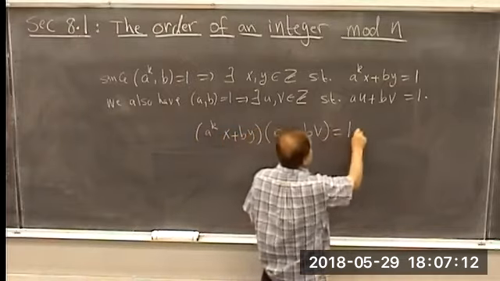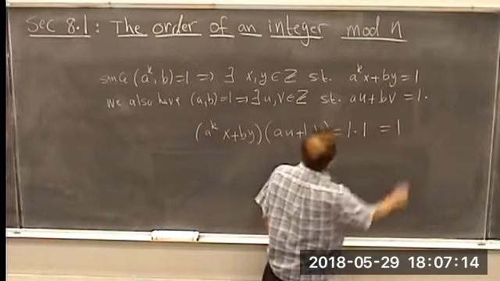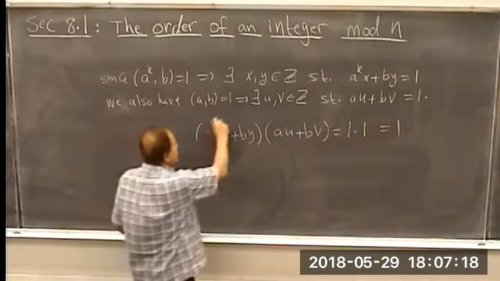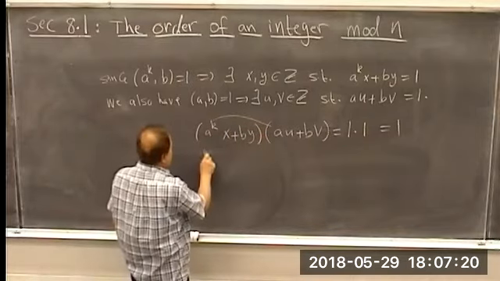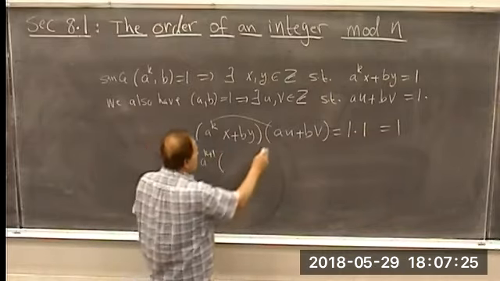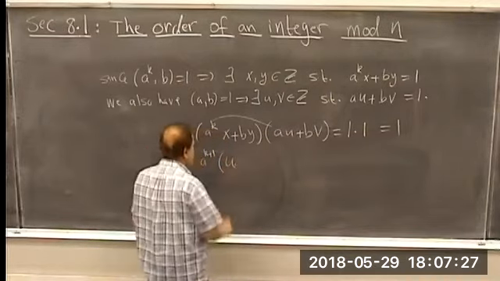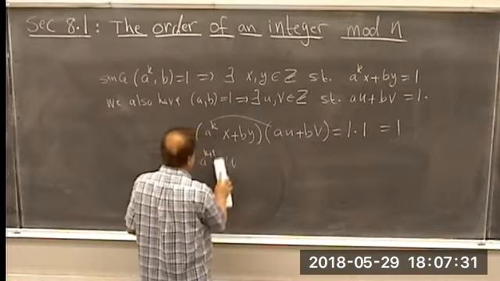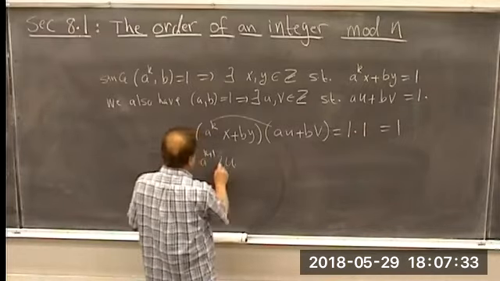So this is the first one, 1 times 1 equals the other one that's equal to 1. All right, so when you apply this, you can see that we're going to get A to the k plus 1 x u here.